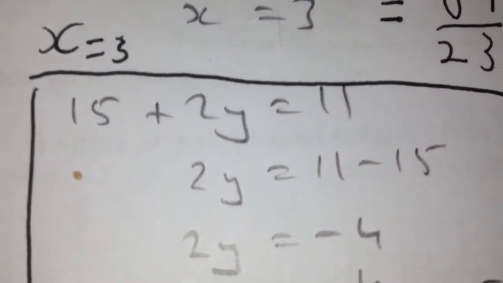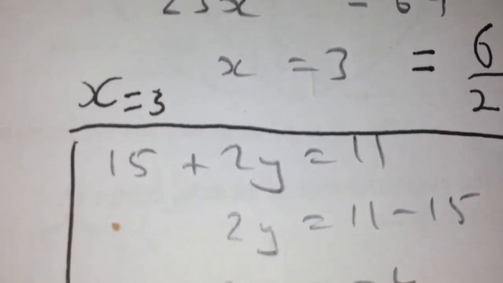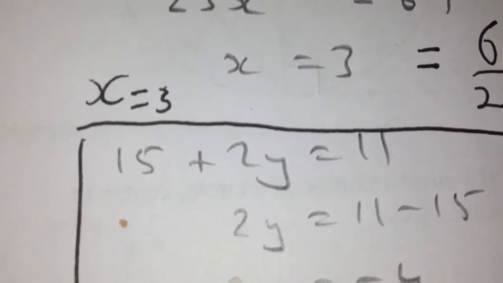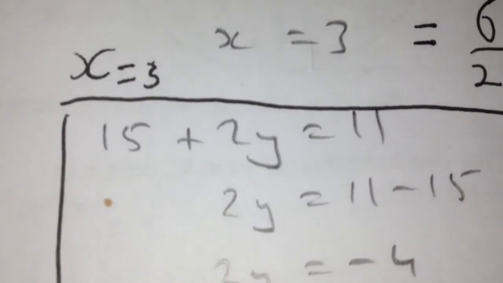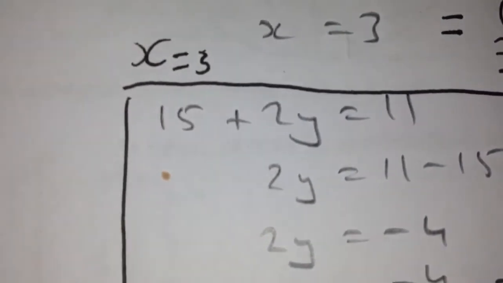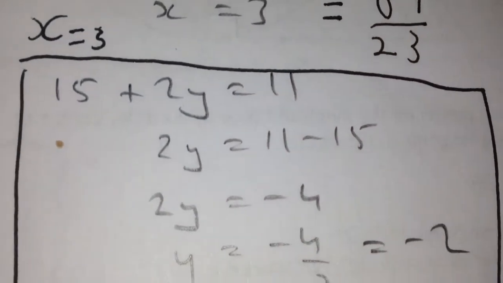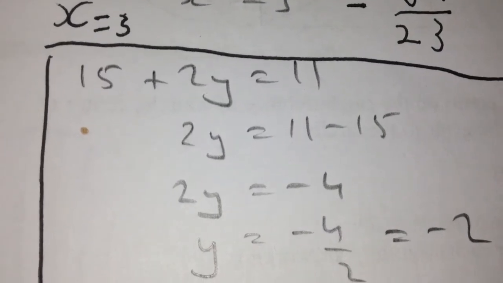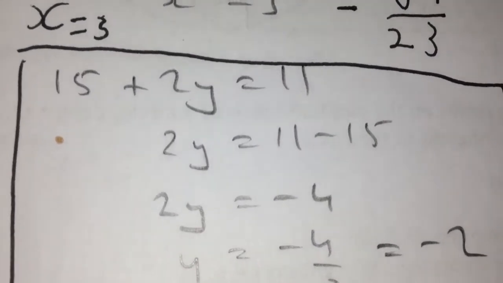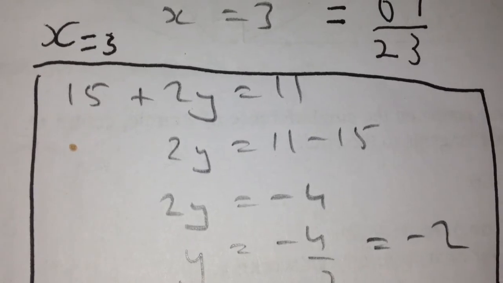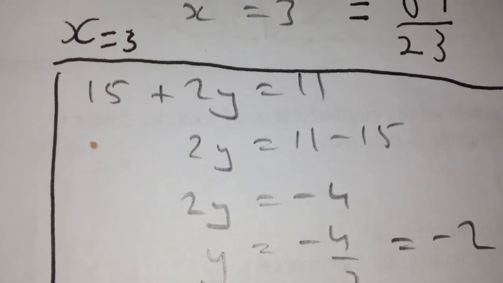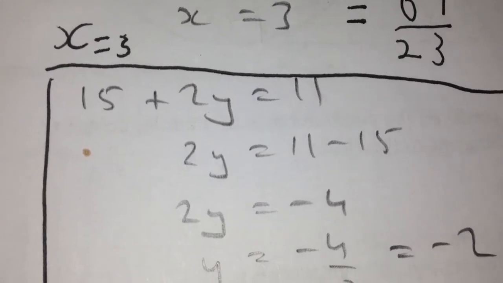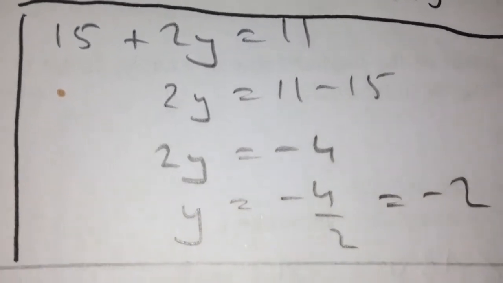If you insert it into the first line of the equation, you go 5x times 3, which gives you 15, plus 2y equals 11. Again, it's just a simple case of rearranging the equation. 2y equals 11 minus 15, as we move the 15 to the other side, it becomes a negative number.